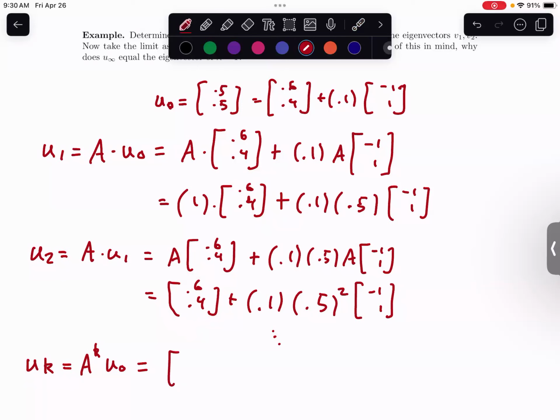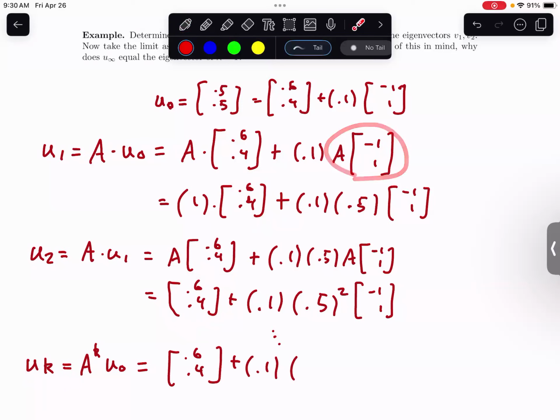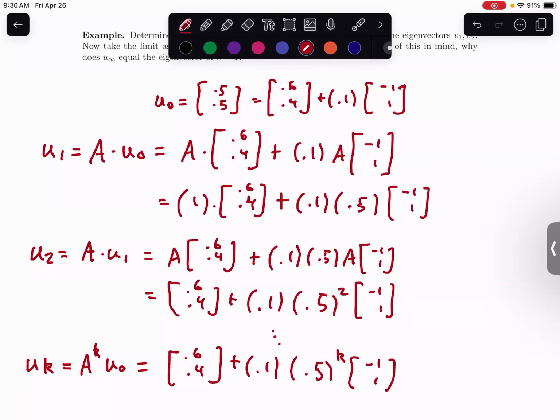So this is going to be equal to 0.6, 0.4, plus 0.1. And with every multiplication of A on this eigenvector minus 1, 1, we're going to be multiplying that vector by 0.5, the eigenvalue 0.5, right? So if we did A squared, we got 0.5 squared. So if we're doing A to the kth power, this is going to be 0.5 to the kth power multiplied by minus 1, 1.